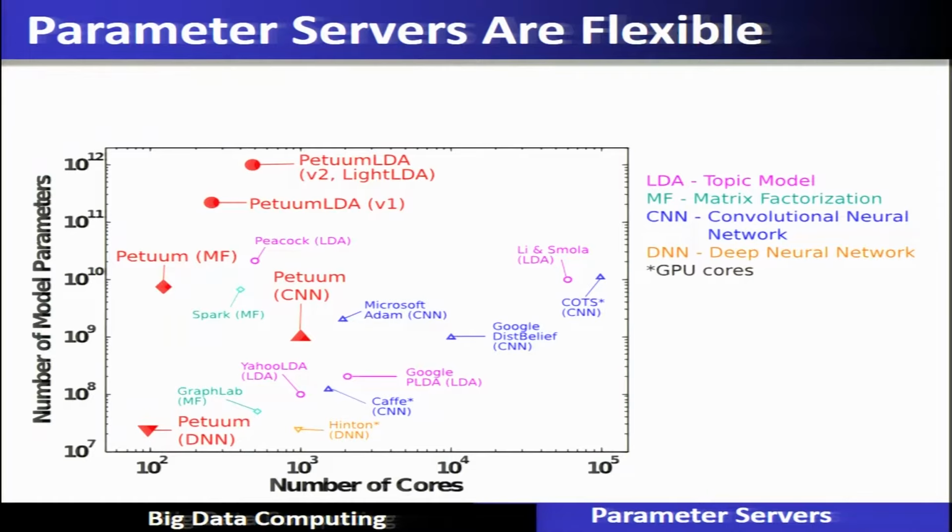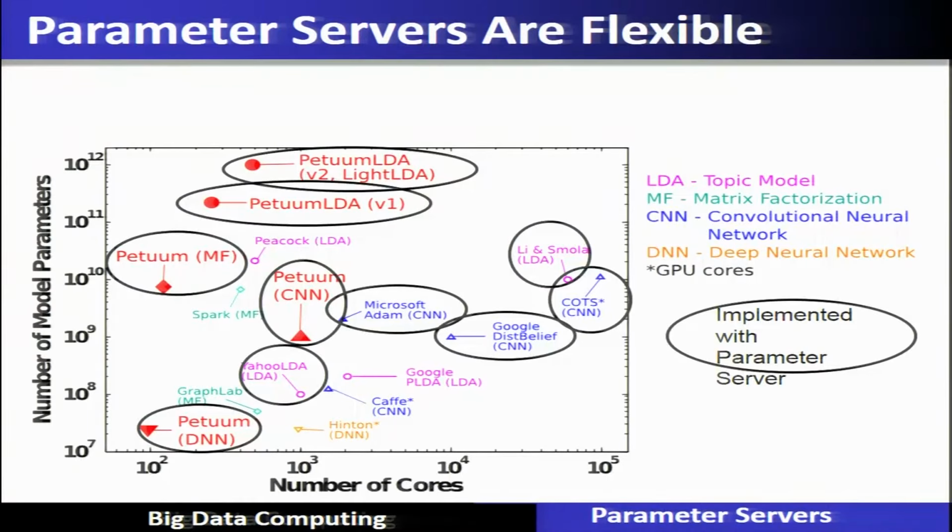For example, topic modeling, matrix factorization, CNN, that is convolutional neural networks, and DNN, deep neural networks, all require flexible parameter servers, and a huge number of complex parameters are managed efficiently. This is shown in these example figures.